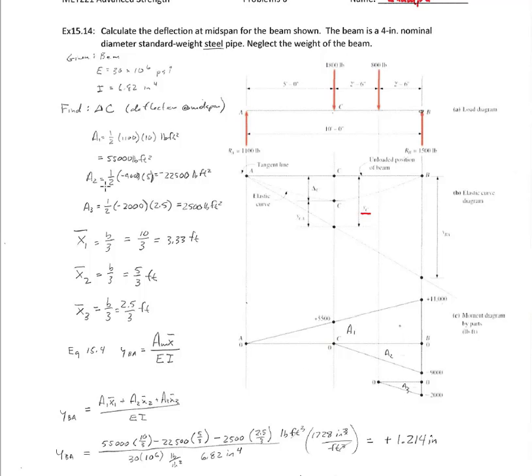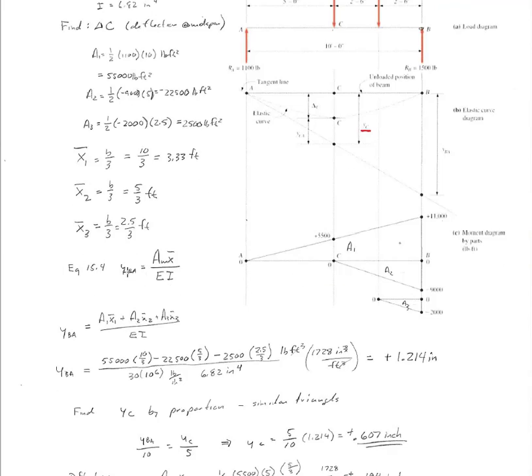Area 2 again is 1/2 times 9,000 times 5. And then A3 down here is 1/2 times 2,000 times 2.5. And then I need to find what my X bars are. Okay, so again, these are centroids of triangles, and so that's like a third, B over 3.